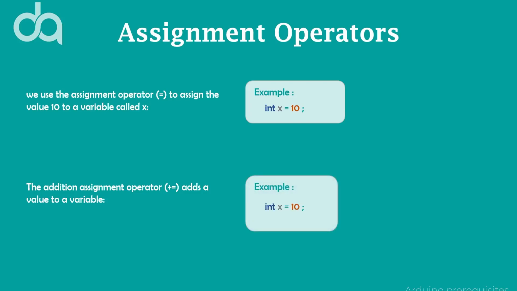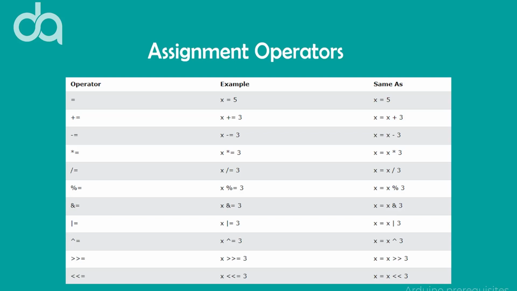Here is an example: int x = 10, x += 5, semicolon. Plus equal 5 is addition assignment. It means that x = x + 5. The result of this line is 15. It's very easy. I will show you in the Arduino IDE. And here are the assignment operators.